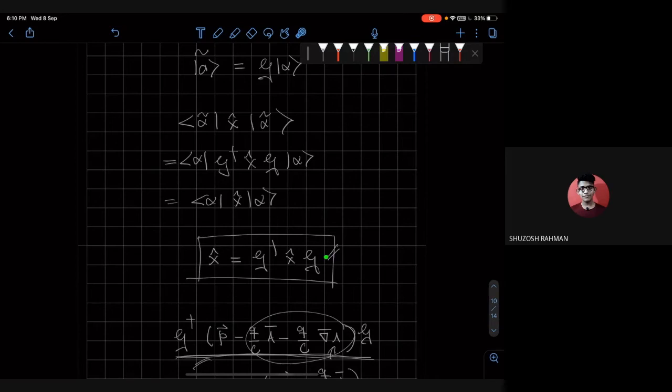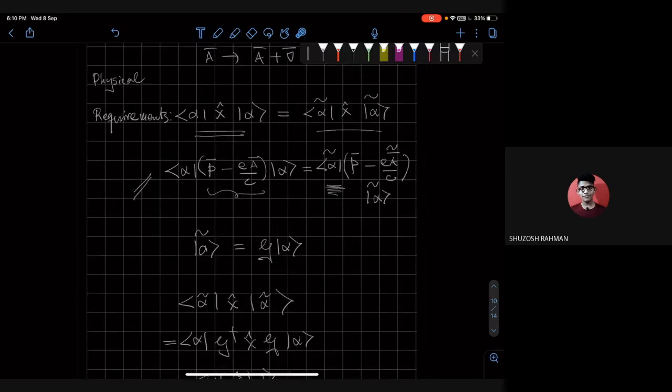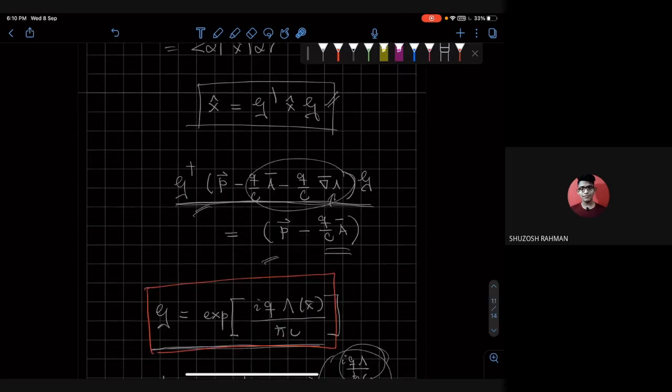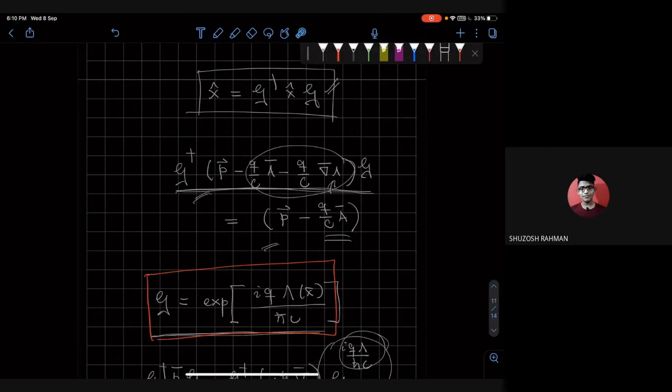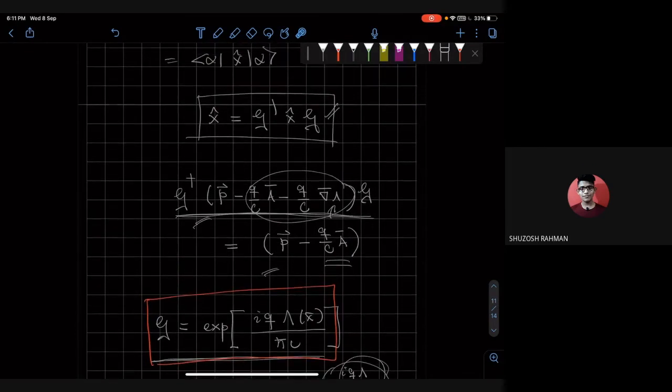Similarly, from the requirement that the kinematical momentum be gauge invariant, we find this equation. So this guy is nothing but this thing with the gauge transformation. So A changes by this gradient, right?